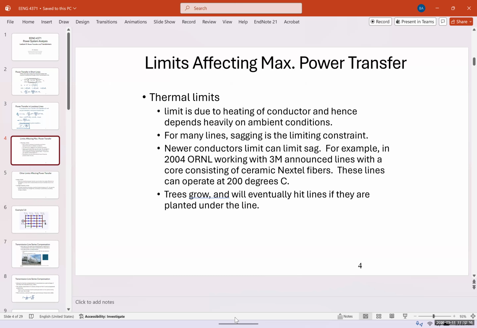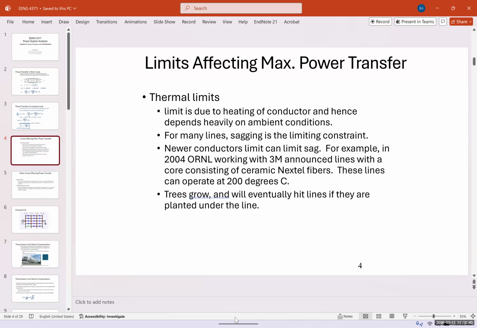And what happens when you heat up metal? You're going to soften it. You're going to have a sagging effect. And this also depends heavily on ambient conditions. Obviously, if your transmission line is in Canada, it's going to have different characteristics than in, for example, Houston.